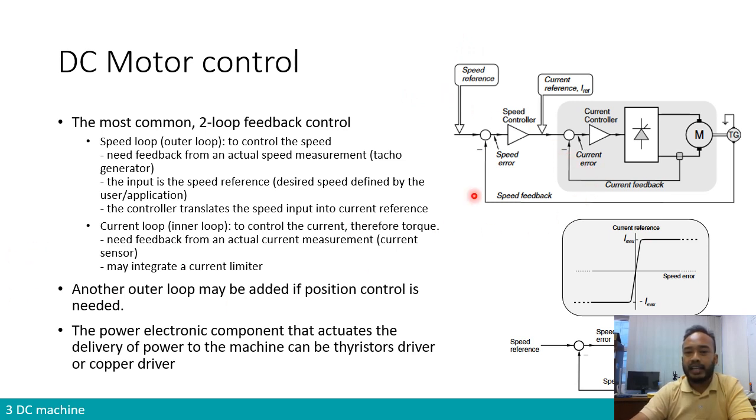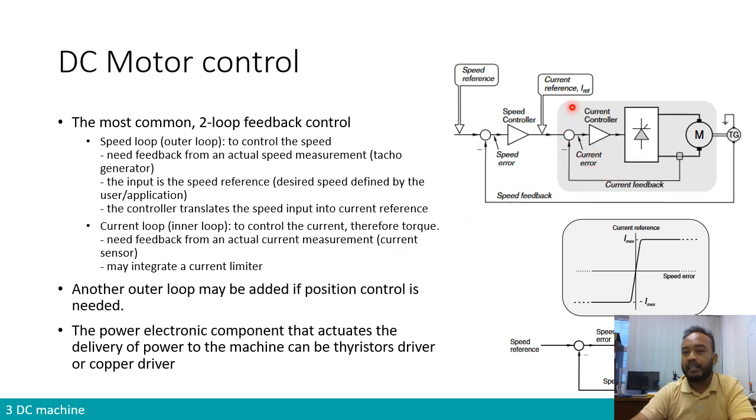The second loop is the inner loop, the gray box inside. That is the loop we call the current loop. The purpose of the current loop is to control the current, and therefore the torque.